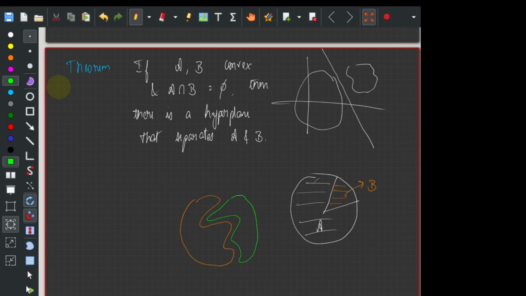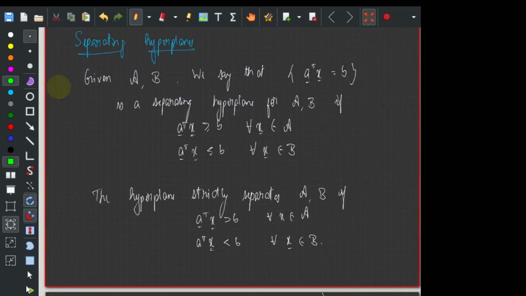Think about it for a minute. Again, we're talking about separating hyperplanes. So just stare at this for a moment and try to think about why the converse is not true.